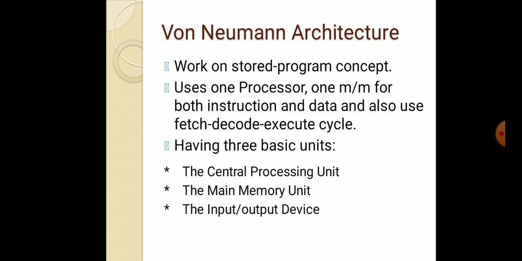In the stored program concept, the program and data are stored in a separate storage unit called memory. Basically, we can say that there are three basic units of von Neumann architecture: the first unit is the central processing unit, the second is main memory, and the third is the input output device.